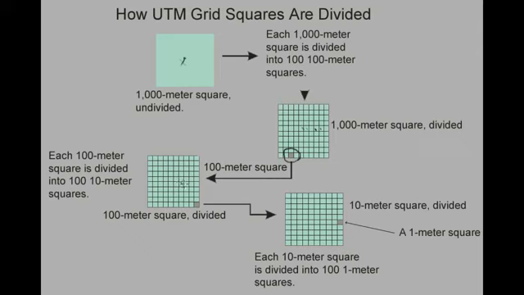So each of these little squares is 10 meters by 10 meters. Then each of these 10 meter squares is divided into 100 1 meter squares. So each of these little squares is 1 square meter, and that is the smallest unit in the UTM grid.